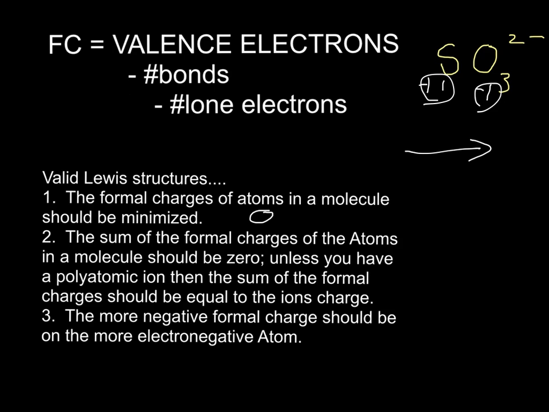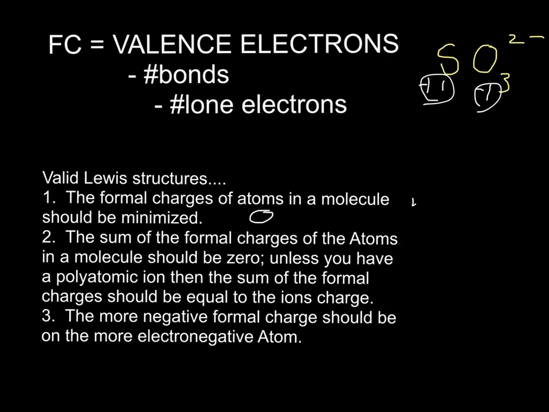Remember electronegativity increases in that direction, and we said oxygen's the second most electronegative element on the entire periodic chart. So who has the negative formal charge? Oxygen. So that's another sign we have a valid Lewis structure, because the more negative formal charge is on the more electronegative atom. So that's another example there.